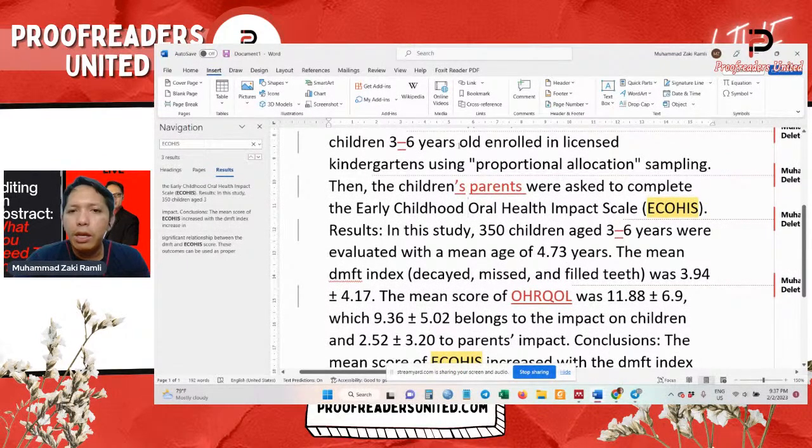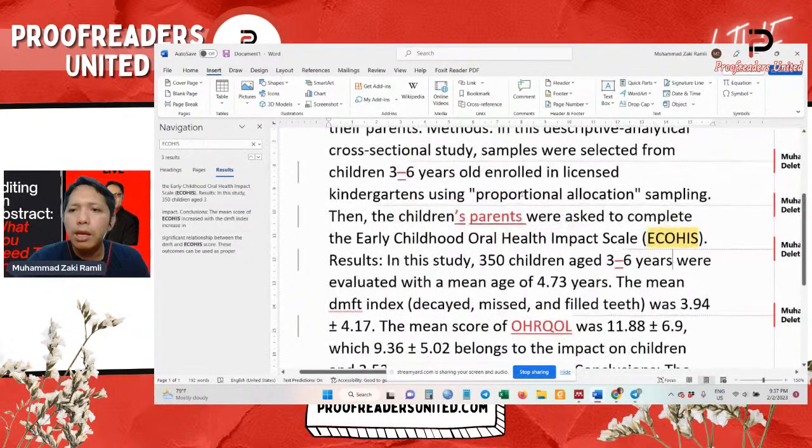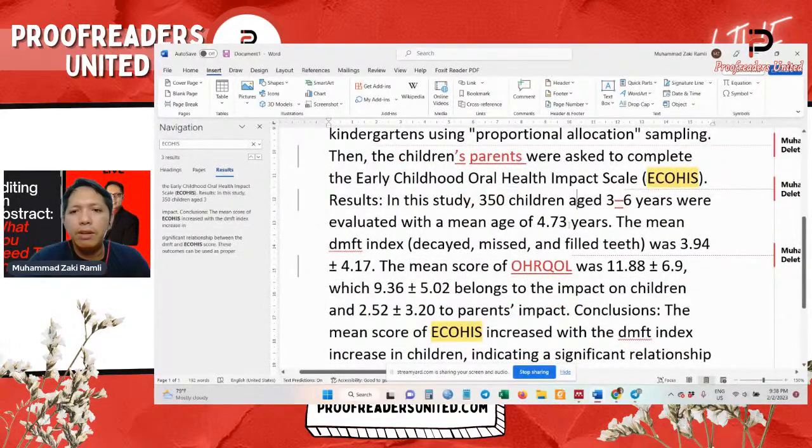I wonder why here you put "old", but here you did not put "old". So, from children 3 to 5 years aged. Maybe possibly because here they did not use the word "age". Okay, fine. While here there is the word "aged". Were evaluated with a mean age of 4.73 years.